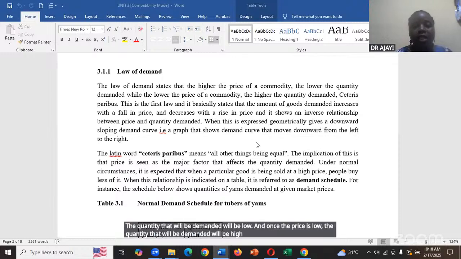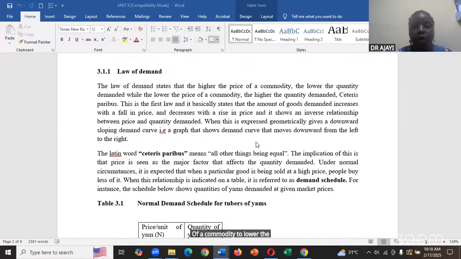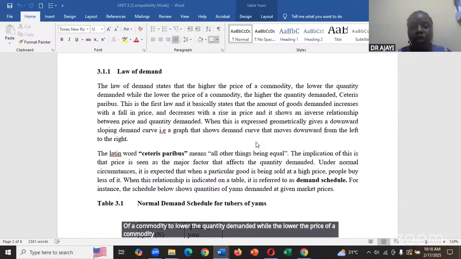Stating it as we have it on the slide, the law of demand states that the higher the price of a commodity, the lower the quantity demanded, while the lower the price of a commodity, the higher the quantity demanded, ceteris paribus. This concept of ceteris paribus simply means all things being equal.